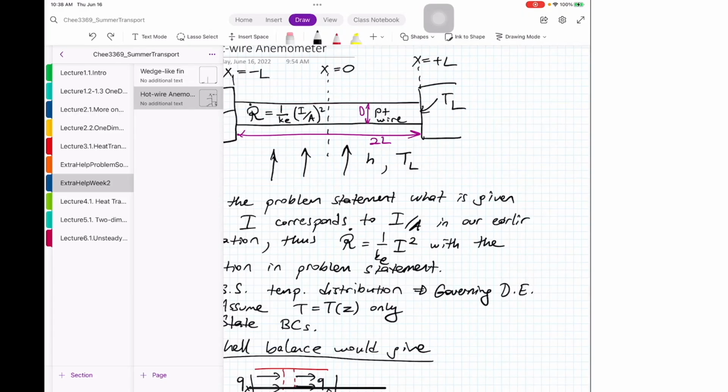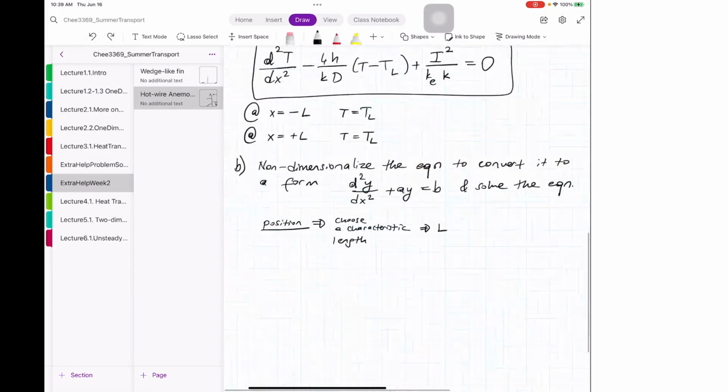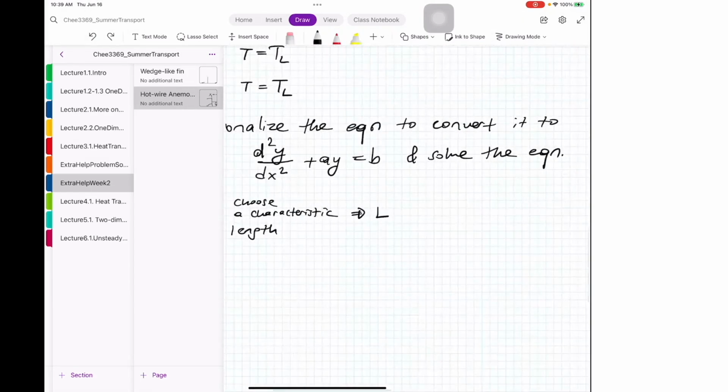If I were to compare the conduction to the convective heat transfer along this direction, then the D might be a good candidate, but it's not what I'm doing right now. I just want to normalize or rescale this minus L plus L direction. Okay, so my characteristic length is L.